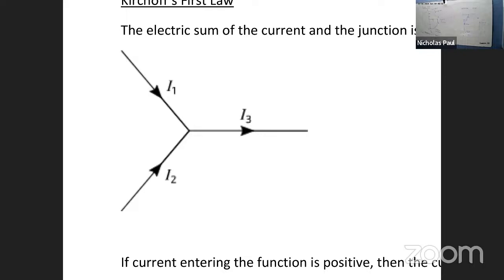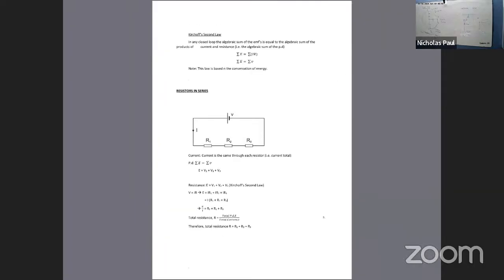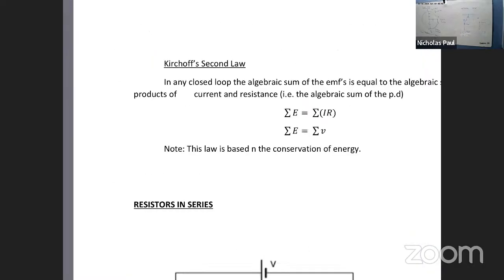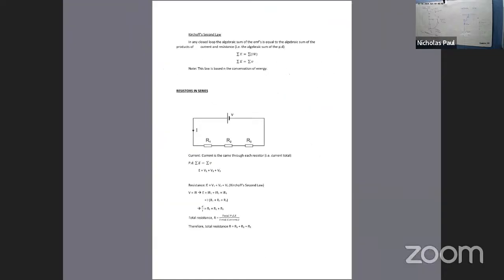Go back over how to solve them, and you can't use a calculator. So next week we are going to focus on Kirchhoff's first and second law, right?